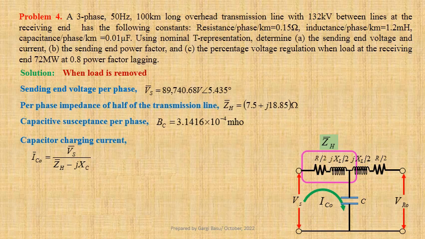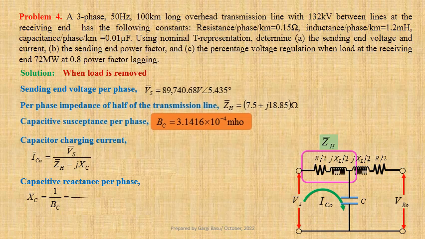Now we shall calculate capacitive reactance per phase. Xc equals to 1 upon Bc, that is equal to 1 upon 3.1416 into 10 to the power minus 4. That gives us 3183 ohm. Now we shall determine Zh minus J times Xc.